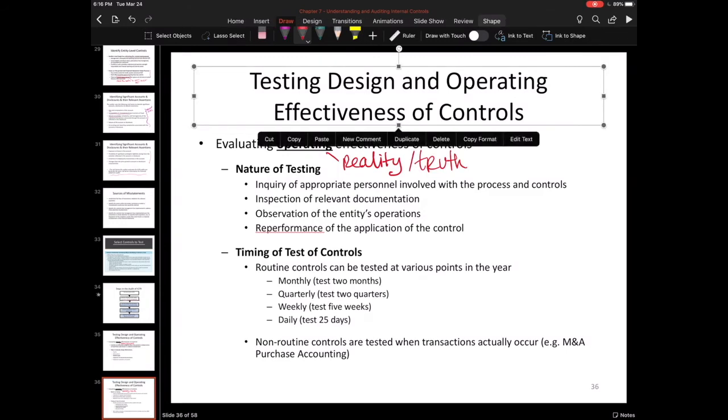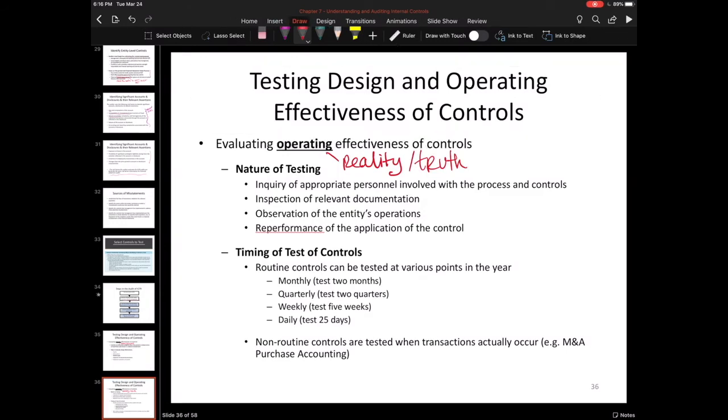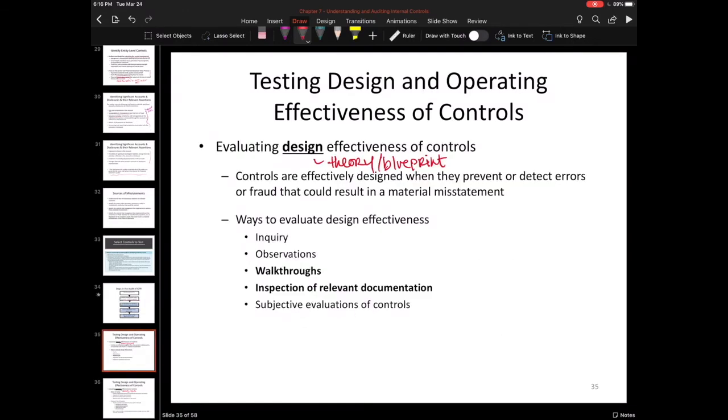And in terms of operating effectiveness versus design effectiveness, for design effectiveness, you can evaluate that generally just through pretty passive approaches, right? Just through inquiry, asking how the control is supposed to work, or observing the control being performed once, right? I can understand, oh, this is how it's supposed to work.